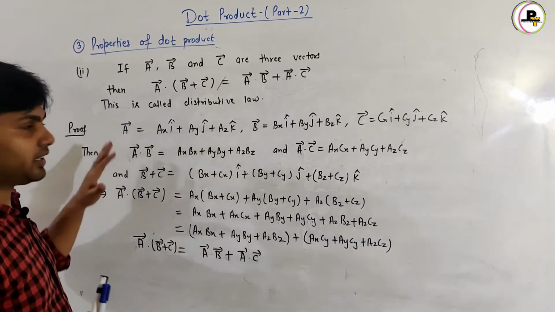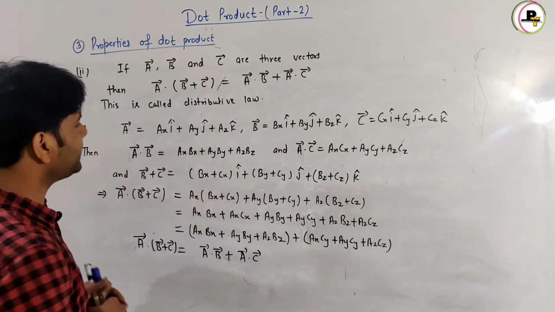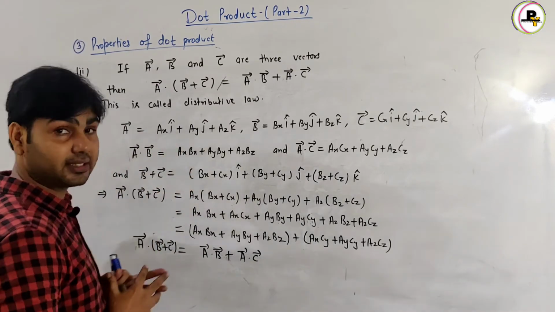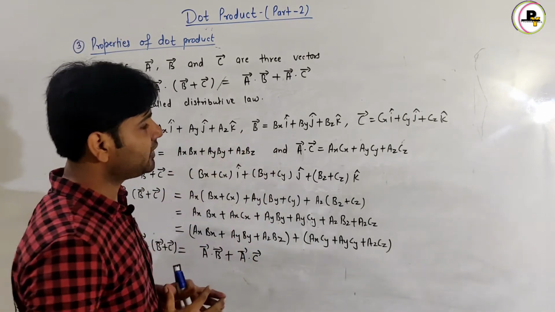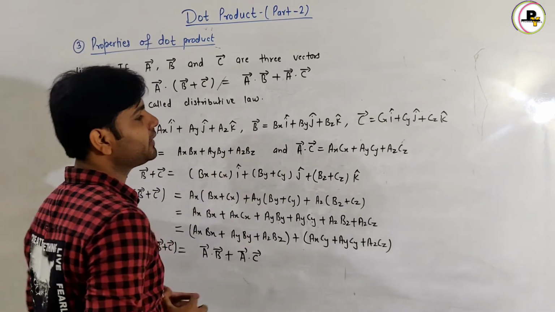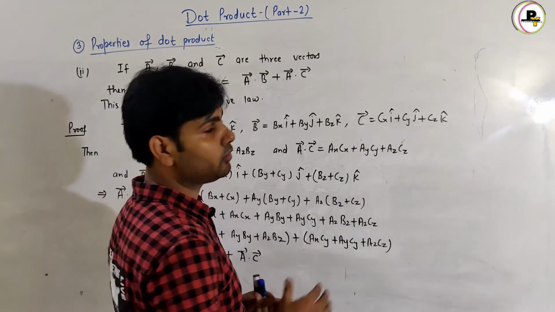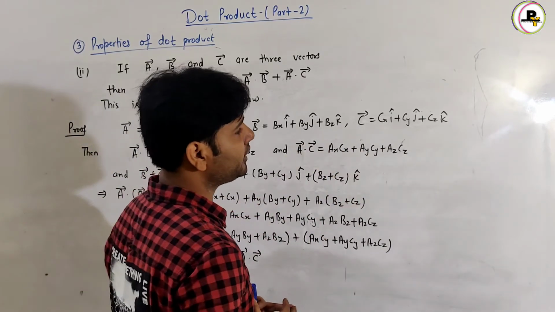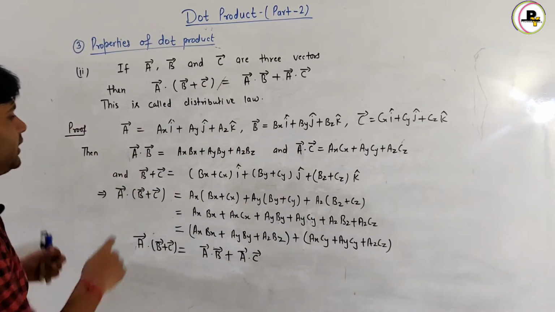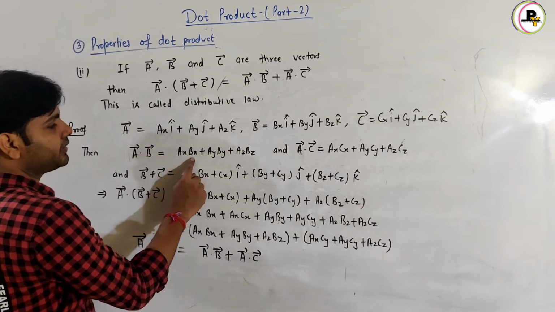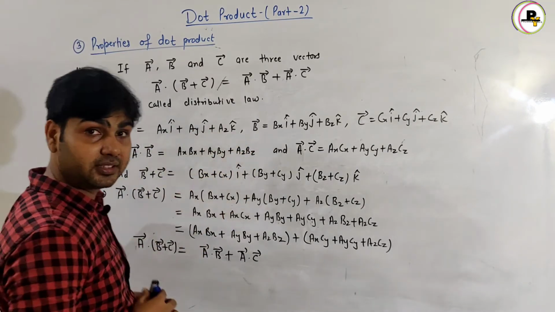If I assume vector a in terms of its rectangular components, that is ax i cap plus ay j cap plus az k cap, similarly b vector in its rectangular components bx i cap plus by j cap plus bz k cap, and c vector in its rectangular components cx i cap plus cy j cap plus cz k cap. Then a vector dot b vector is equal to ax bx plus ay by plus az bz.